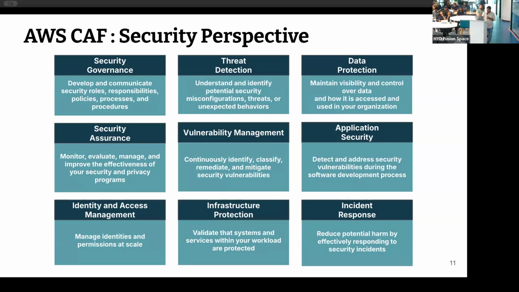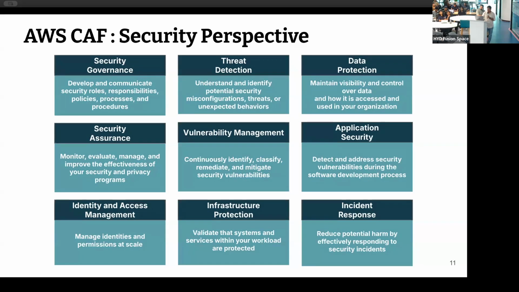And then infrastructure protection is nothing but validating your systems and workloads and ensuring that they are protected. It is a combination of your threat detection and vulnerability management, but also encompasses your network security aspects, right? So putting up firewalls, having security group rules within AWS, those things would lean into infrastructure protection.